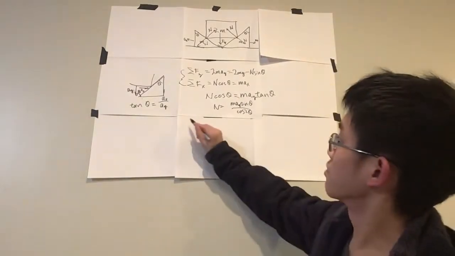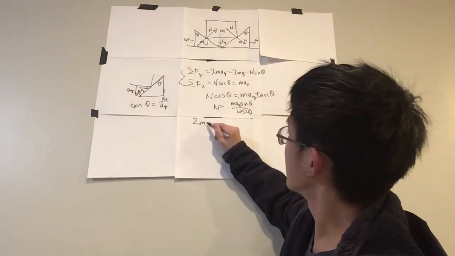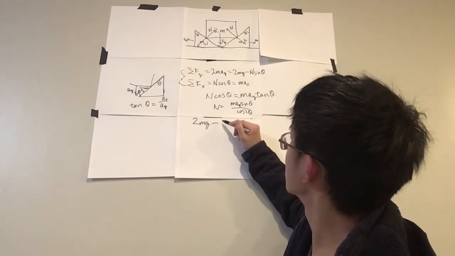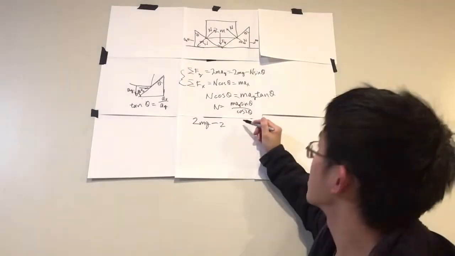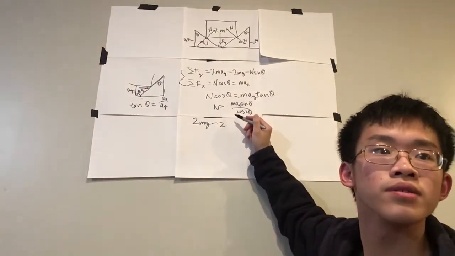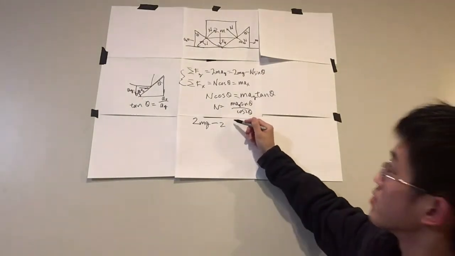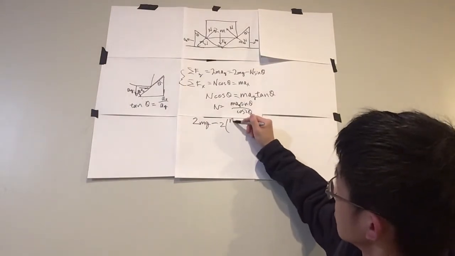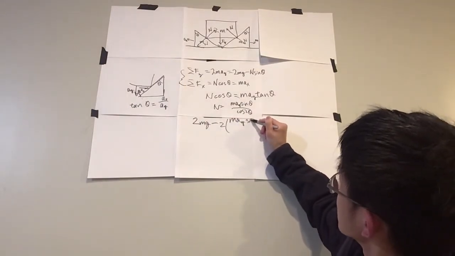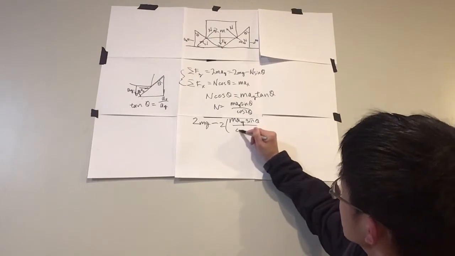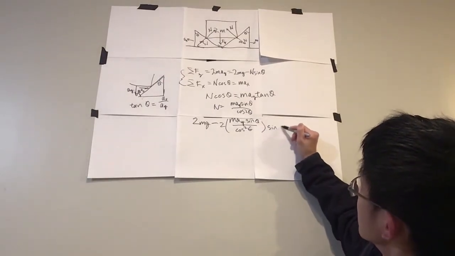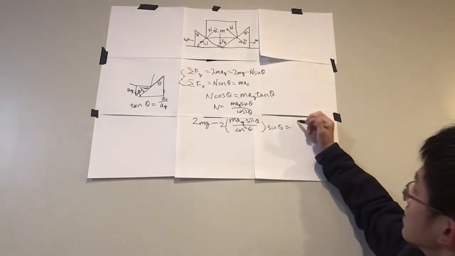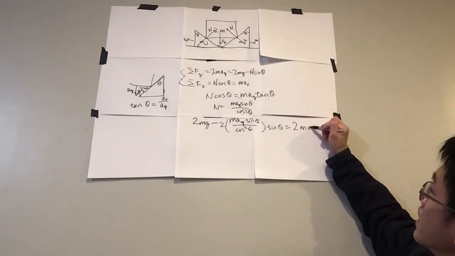Now that we can get rid of N, we would only have one unknown variable. So plugging it in, we get 2mg minus 2 m ay sine theta over cosine squared theta, times sine theta, equals 2m ay.